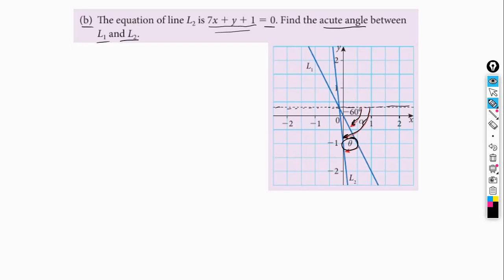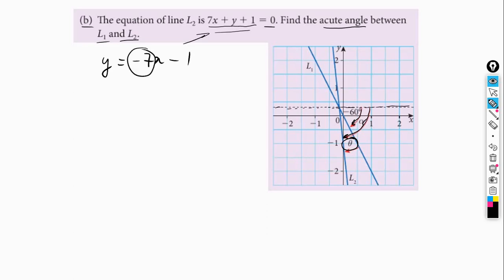Alpha is going to equal the inverse tangent of the slope of line 2. But to find out what the slope of line 2 is, we need to rearrange this equation over here. So notice that we can rewrite this as y is equal to minus 7x minus 1. Therefore, the slope is minus 7.